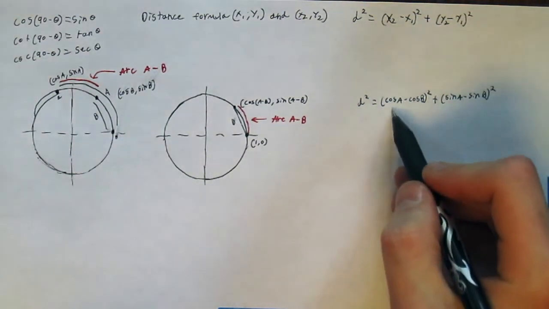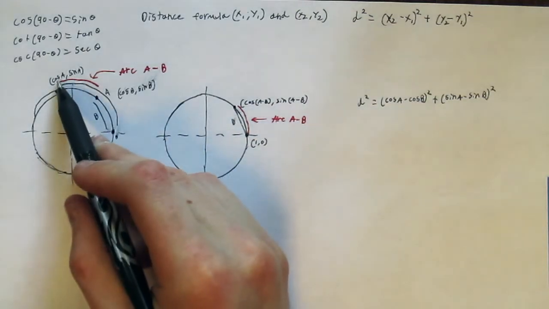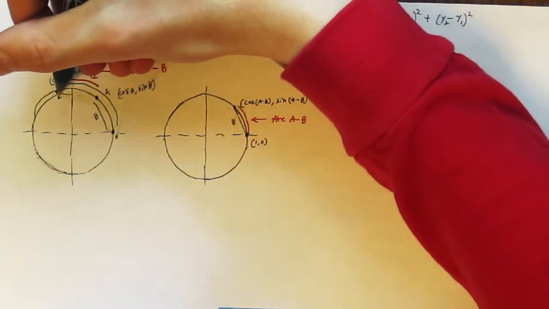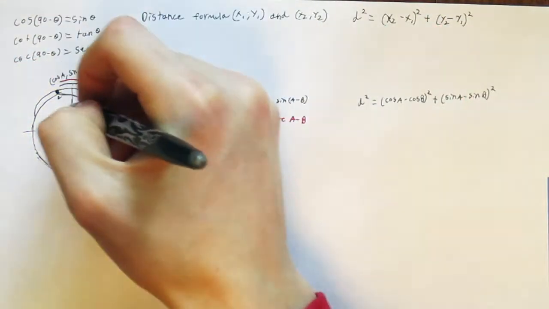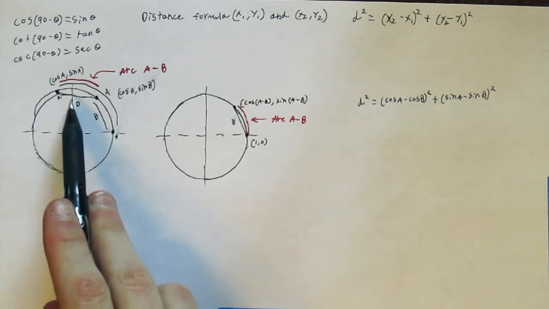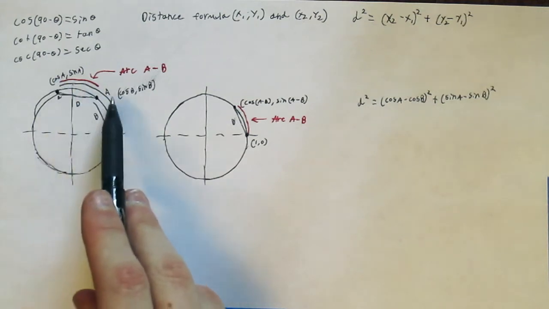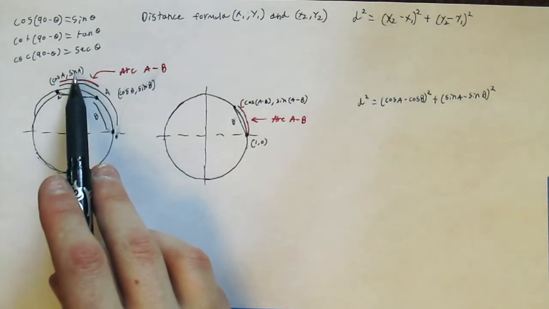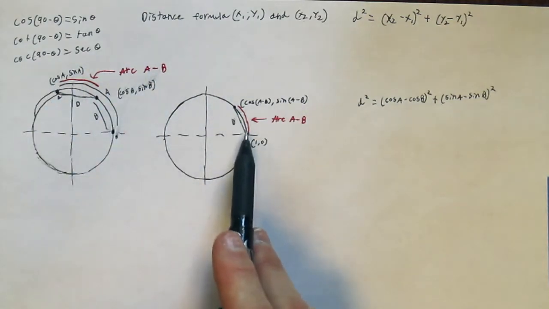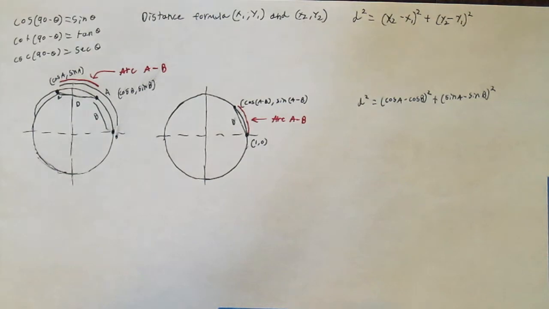So the way we get this is we know that the distance here is also d. And since this is also d, then cosine A, sine A and cosine B, sine B are your 2 points. So these are the same. The distances are the same even though it's rotated.